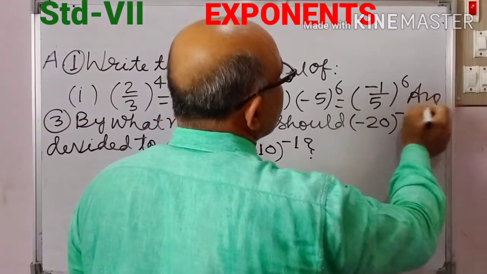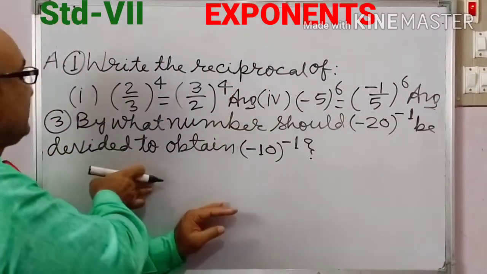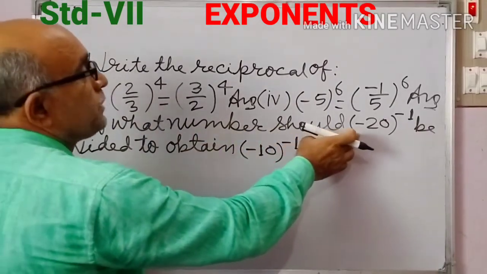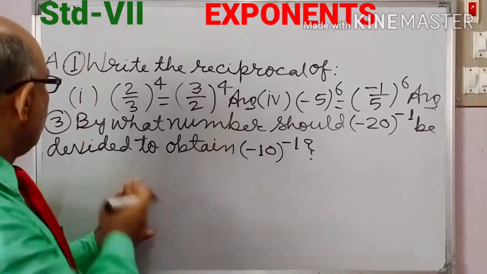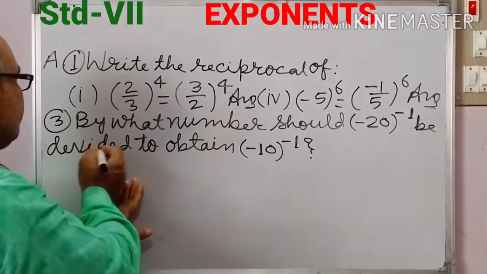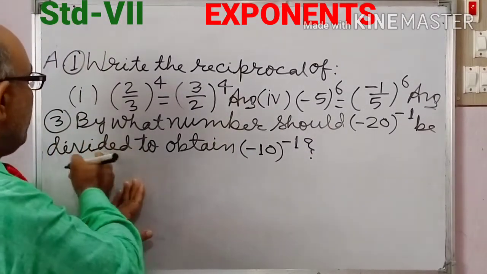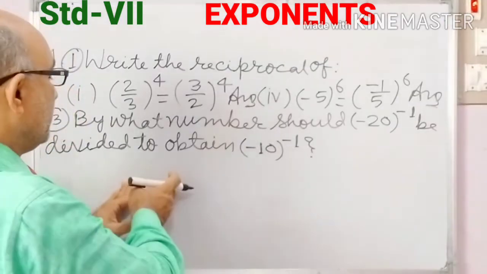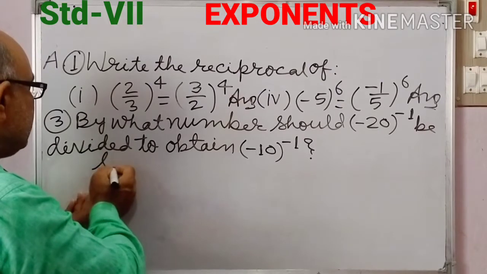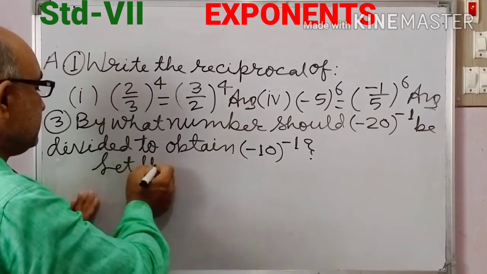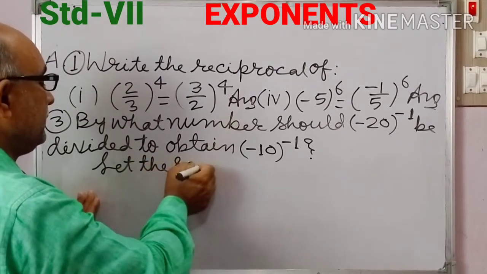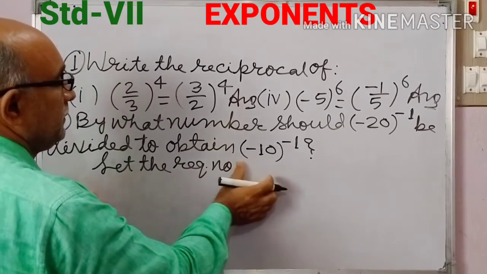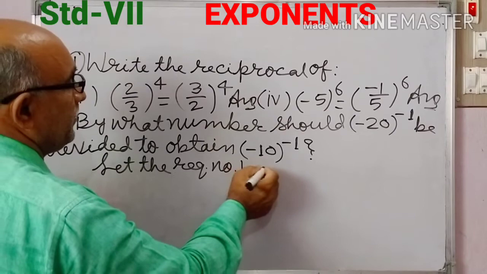Answer. And question number 3: by what number should (-20)^-1 be divided to obtain (-10)^-1?